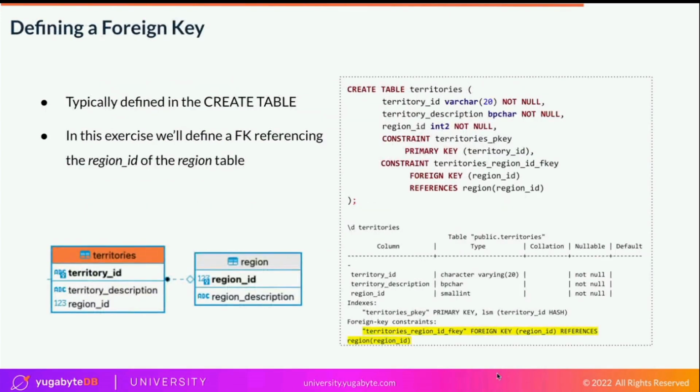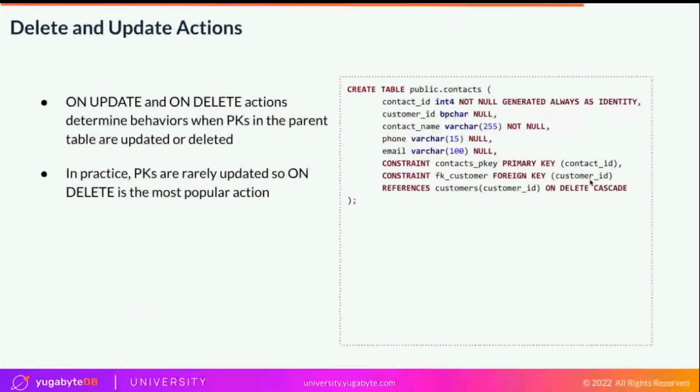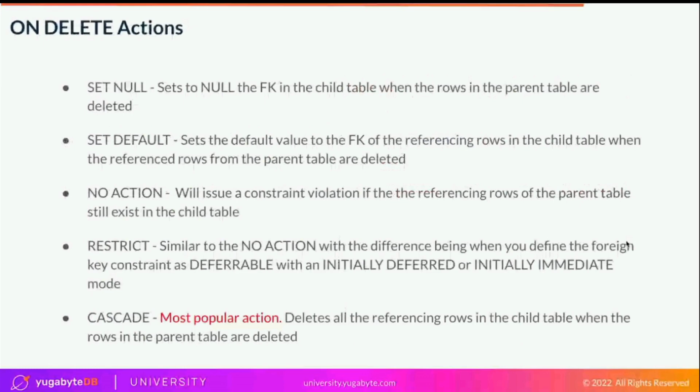You simply say you want to define a foreign key referencing another table, for example region, here in the table territories, just like you would in PostgreSQL. And as you'd expect, we support cascading delete and update for referential integrity. That's not being sacrificed. If you do something like an on-delete action, cascade is probably the most popular, so it deletes all referencing rows in the child table when the rows in the parent are deleted.